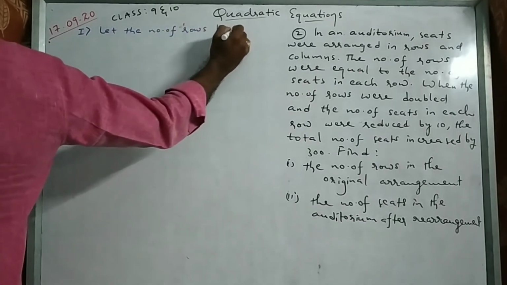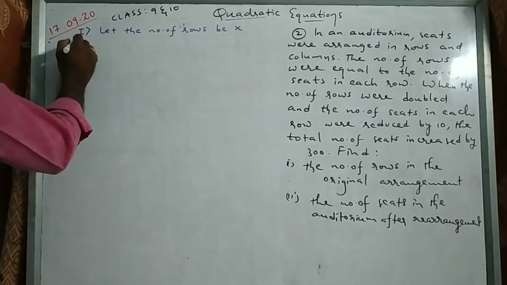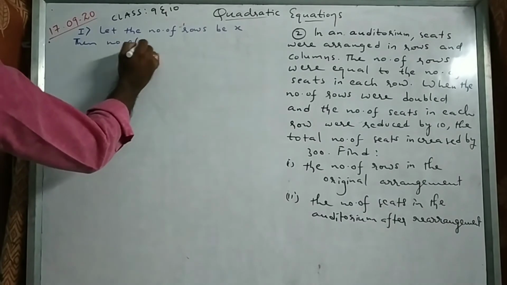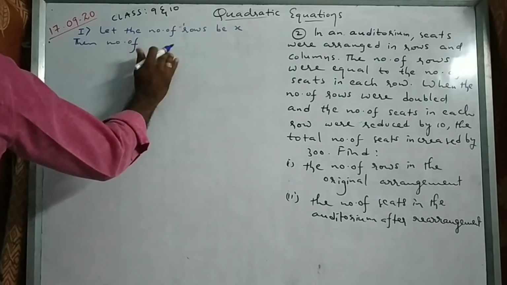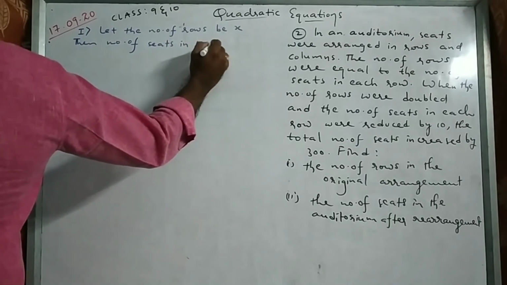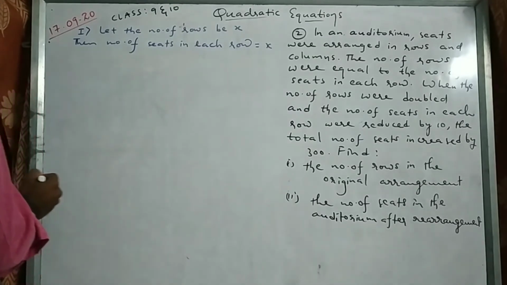As per the question, number of rows were equal to the number of seats in each row. Then, number of seats in each row also, how many will be there? x only.